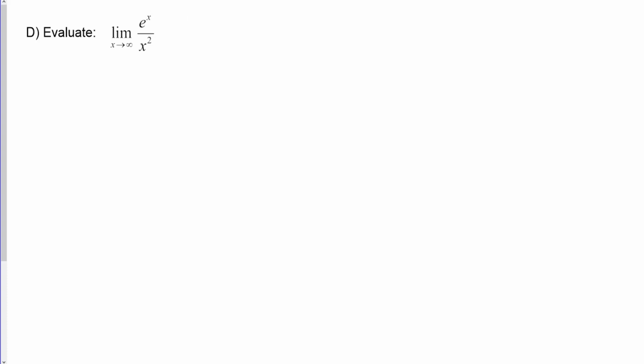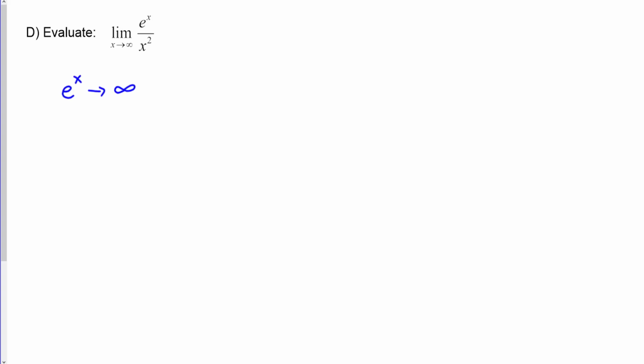Let's evaluate the limit as x goes to infinity of e to the x over x squared. For this particular limit, if I plug in the limit point, which I'm not technically plugging in infinity, I'm allowing x to grow infinitely large. And as x gets larger and larger, e to the x goes to infinity.